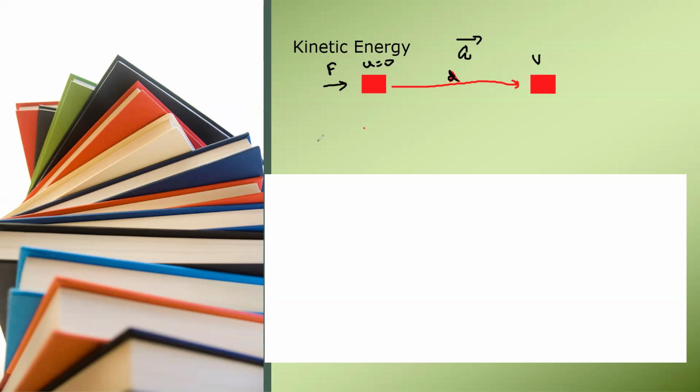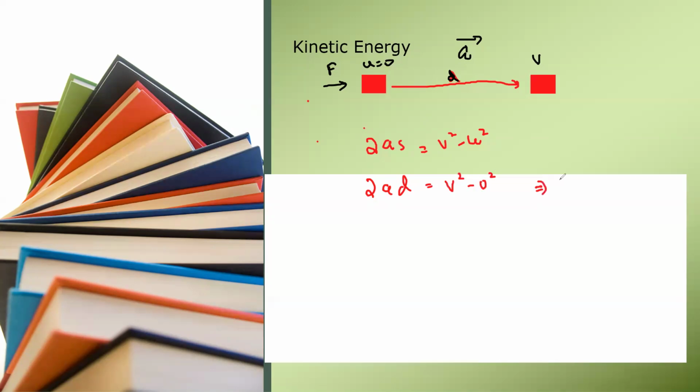If I use the equation of motion, I can say that 2as equals v square minus u square. That's the equation of motion. It is only applicable when the object is accelerating. If I substitute, 2, acceleration is a, the distance moved is d, the final velocity is v square and the initial velocity is 0.